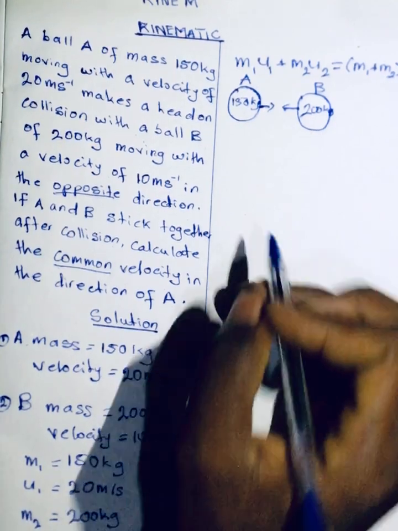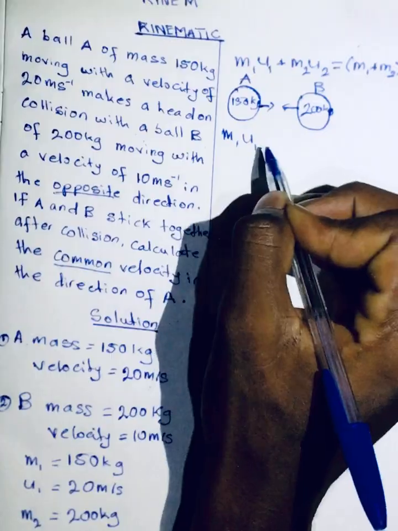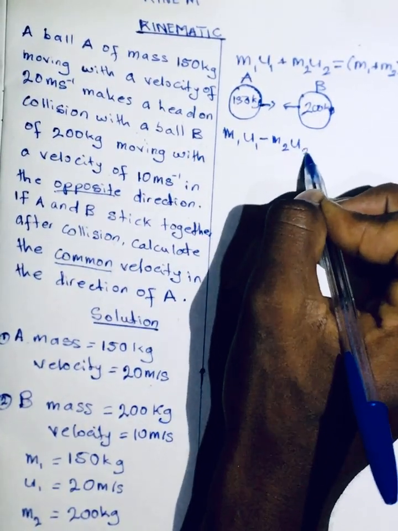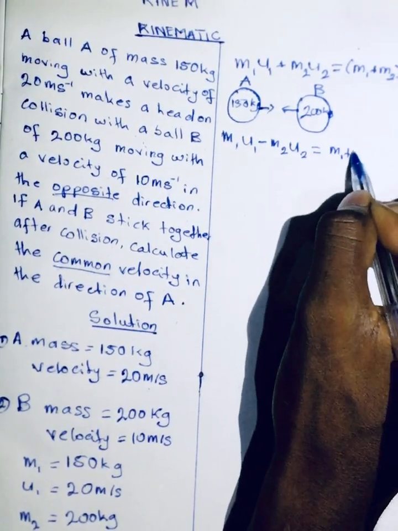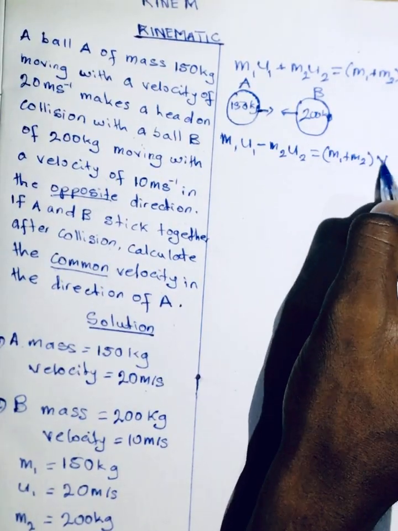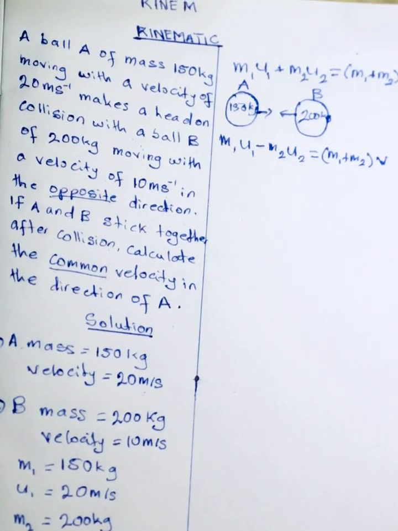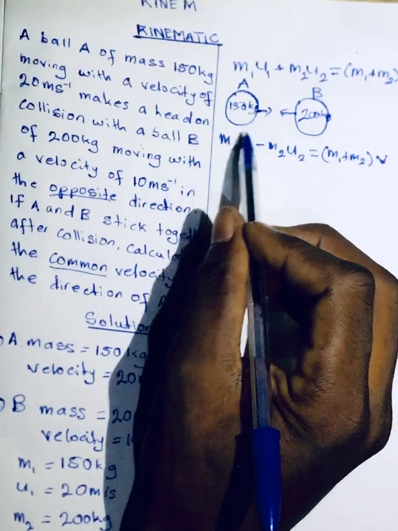So the equation will come in this way: m1 u1 minus m2 u2 must be equal to m1 plus m2 times v. The v is the common velocity we are talking about. Let's simplify this.